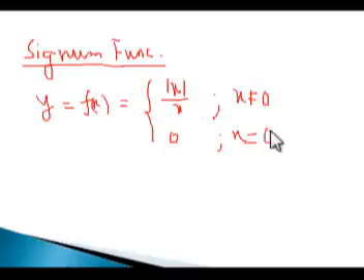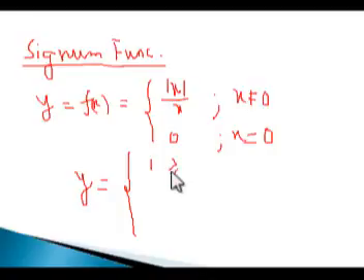It is a discontinuous function. It is not a continuous function. So it can be further written in this way: we break this modulus. When x is greater than 0, it will be positive 1.